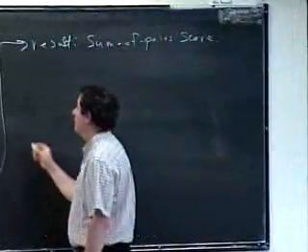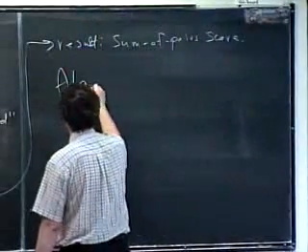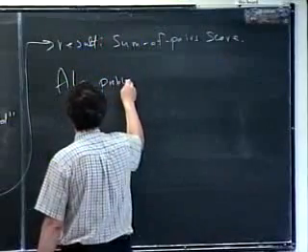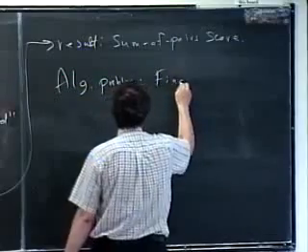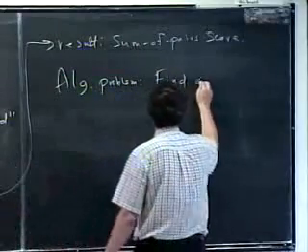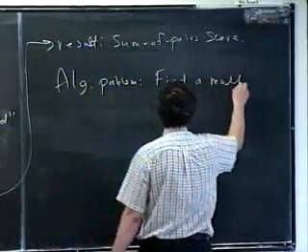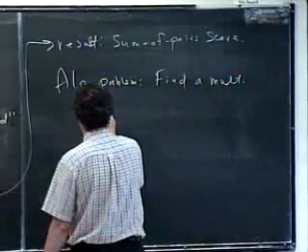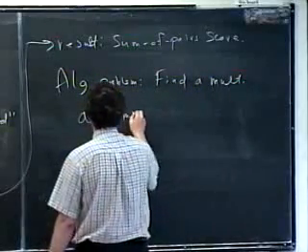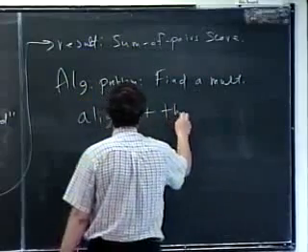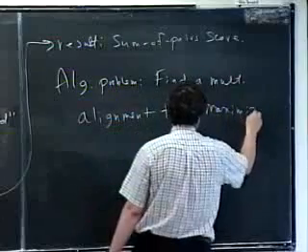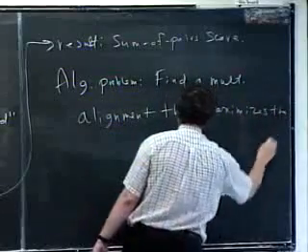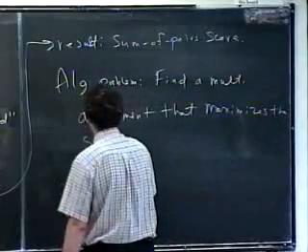And then we have the algorithmic problem: find, whenever you're given sequences, a multiple alignment that maximizes the sum of pairs score.